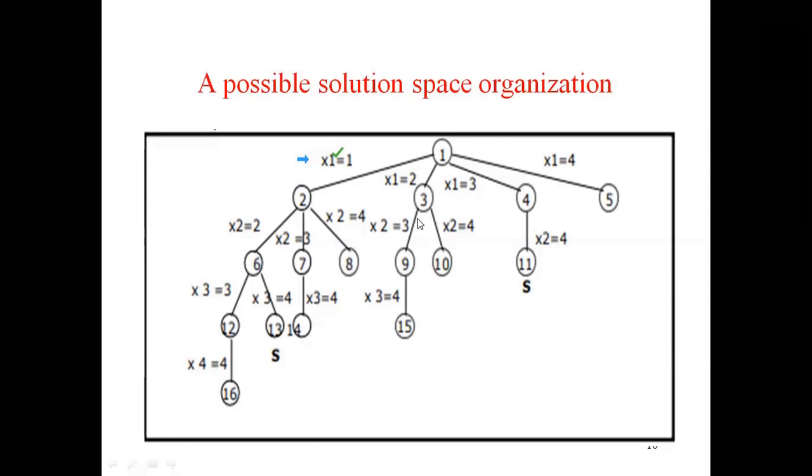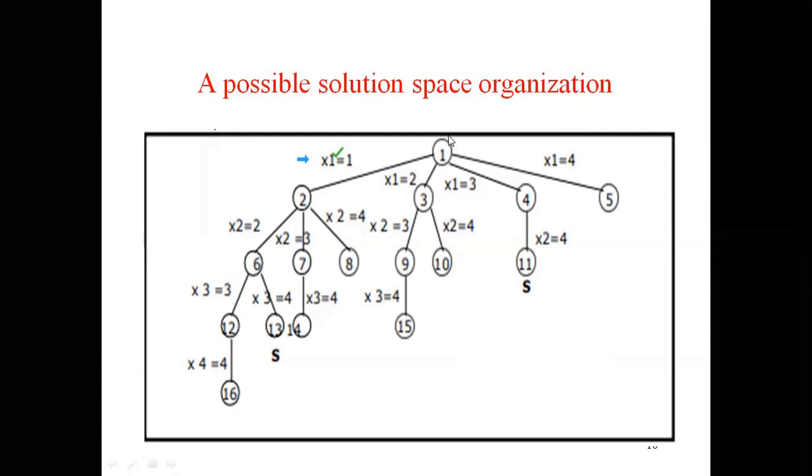So the edges from level i node to level i plus 1 node, there is an edge. These edges we are labeling with the value of xi, which is either 0 or 1. All paths from the root to a leaf node define the solution space.